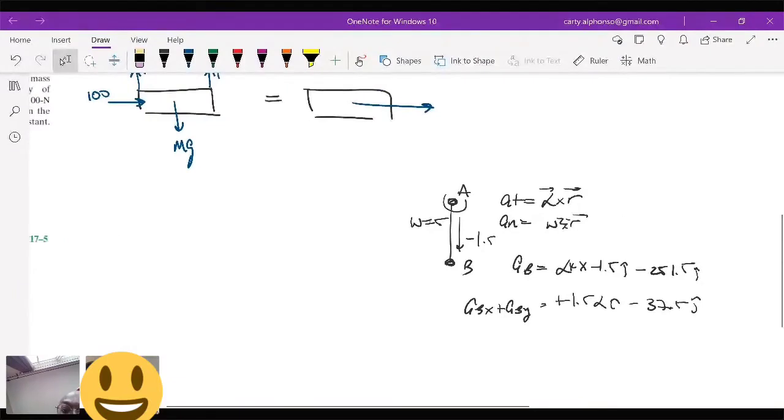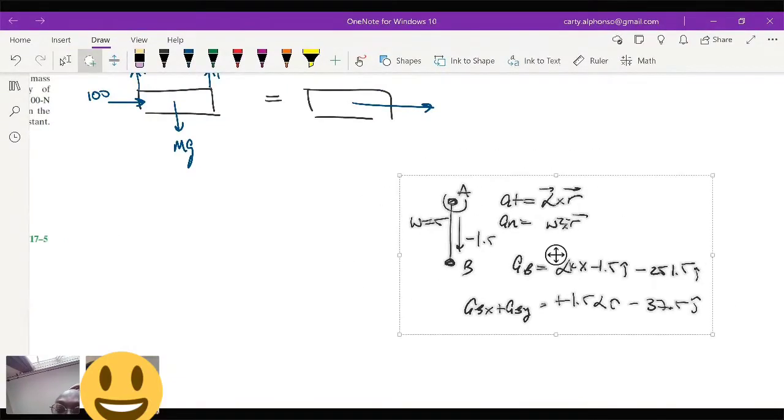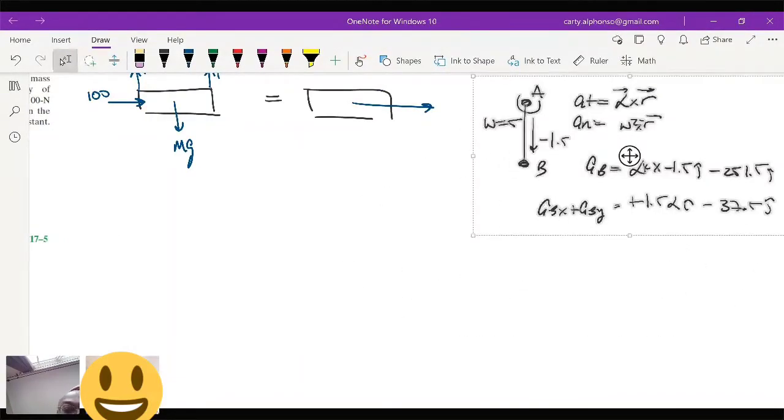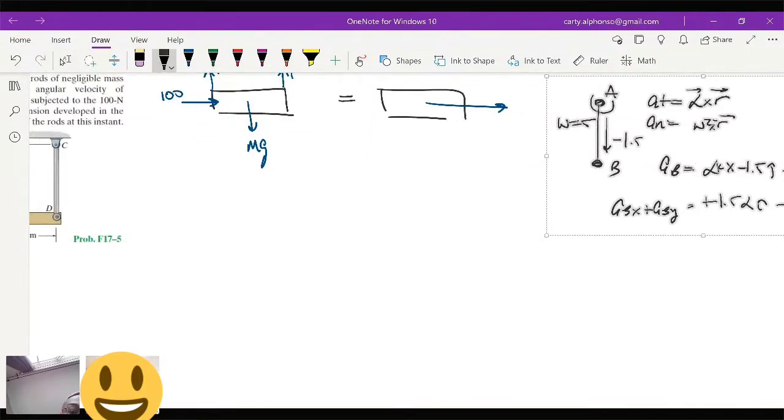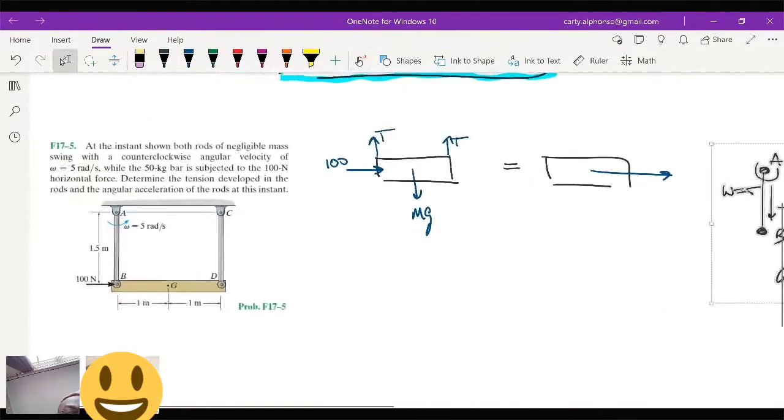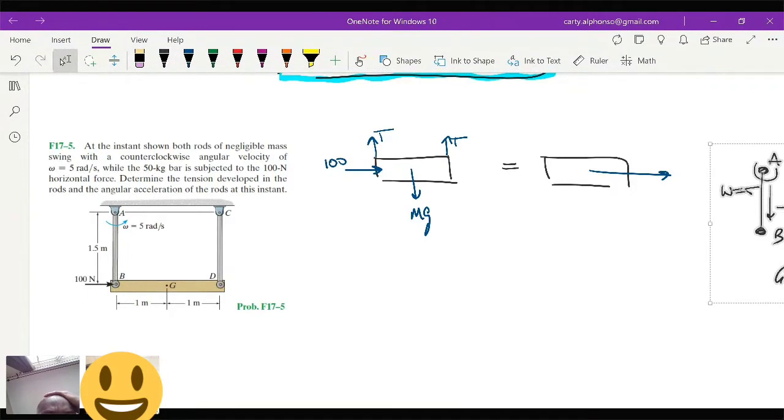So let's keep working with this free body diagram: the 100 newtons, my mass times gravity, and my T. Everything looks like it checks out so far.